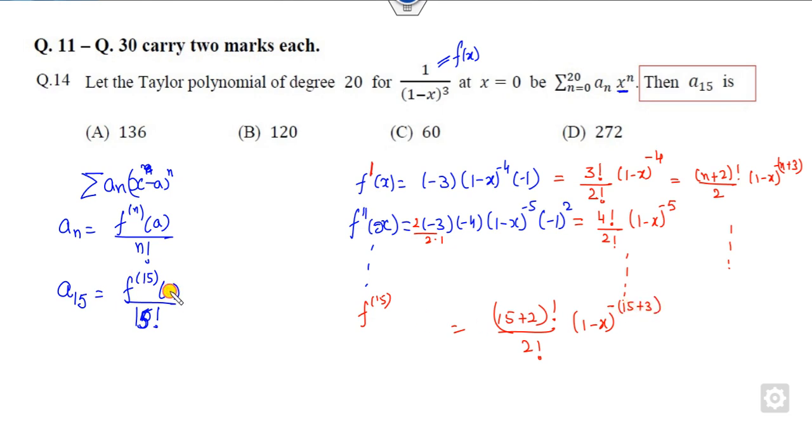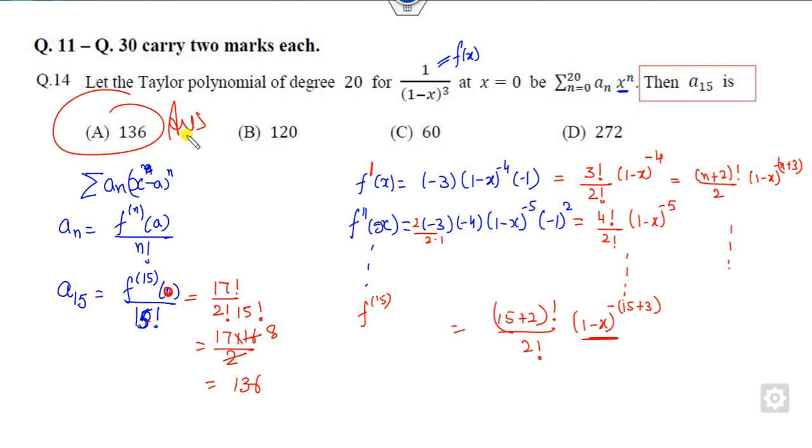Now you have to find the derivative at the point 0, so this value will be 1. So this answer will be 17 factorial over 2 factorial times 15 factorial. So what is that? This is nothing but 17 into 16 upon 2, so this will be 8 times 17. What is the answer? 136 is the right answer.